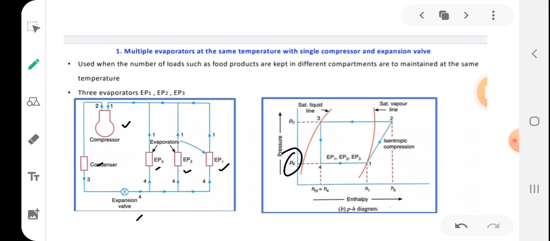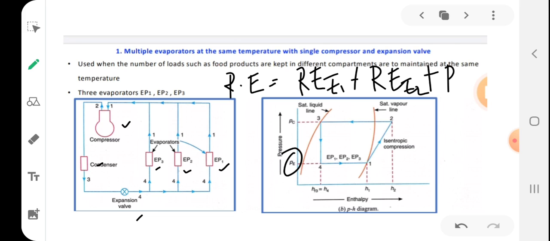So the total refrigerating effect will be the refrigerating effect of E1 plus that of E2 plus that of E3.